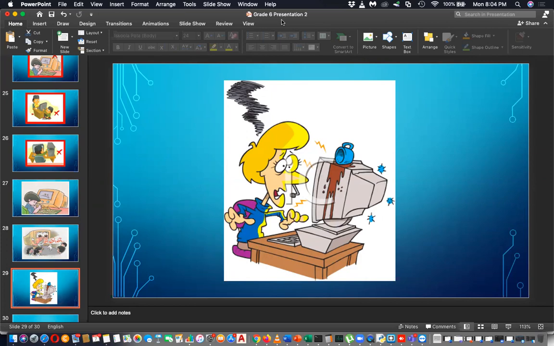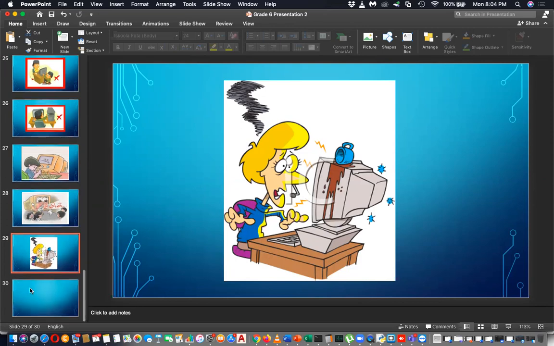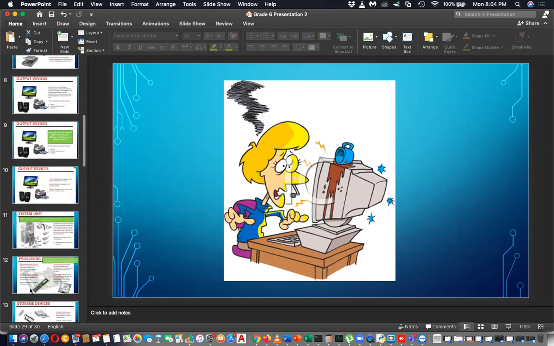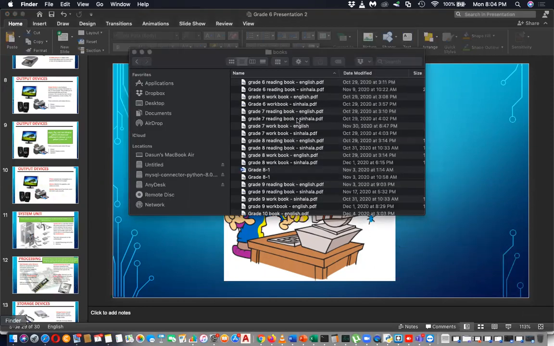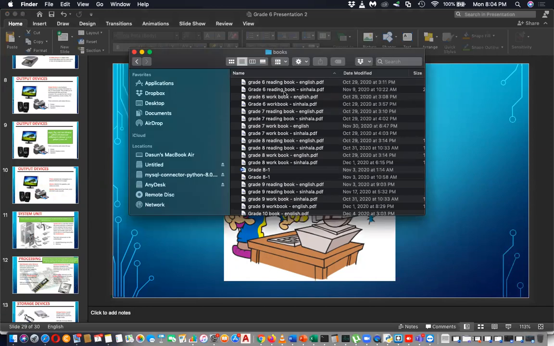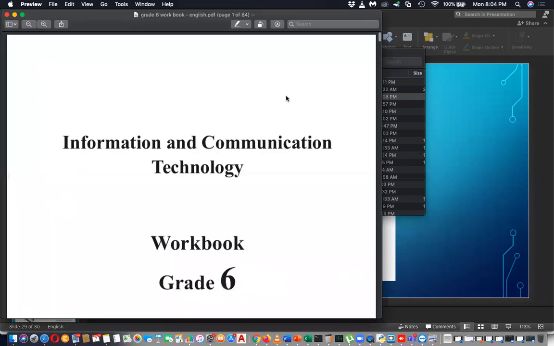Okay, so those are the things we discussed today, the good practices and bad things, what to do and what not to do. Anyway, please do activity 1 and 2 in your workbook. Please go to your workbook. I'm going to open that.